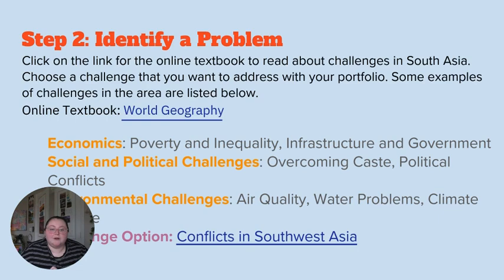Or you could look at environmental challenges like air quality, water problems, and climate change. If you're up for a challenge, you can pick one of the conflicts listed in Southwest Asia in Unit 4 or Lesson 4. That is a more challenging option if you are up for it. If not, pick one of the ones in yellow.